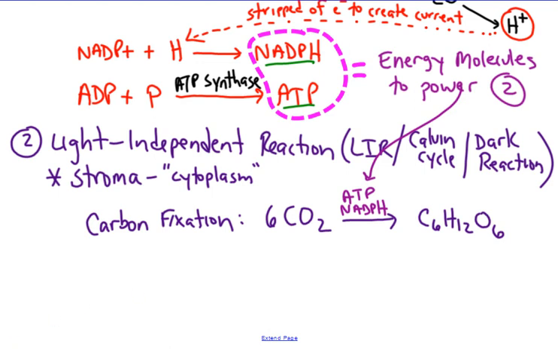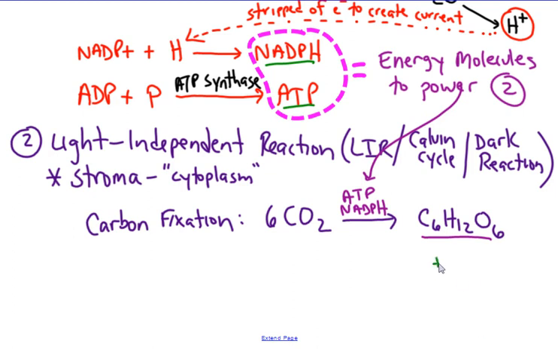And then when this is finally made, what happens then is, to release our chemical energy to power this, we have to cut off that third phosphate. We have to cut off that hydrogen from NADPH.